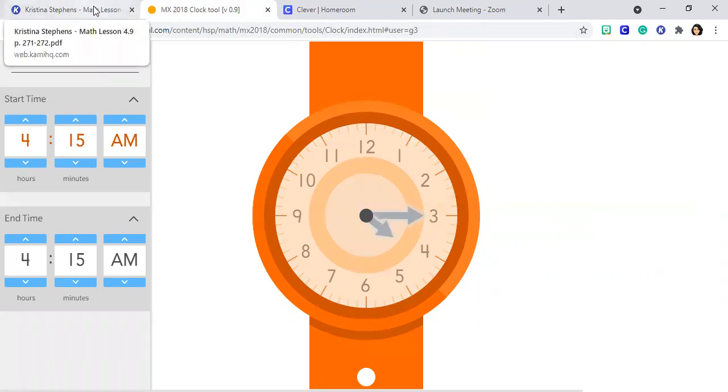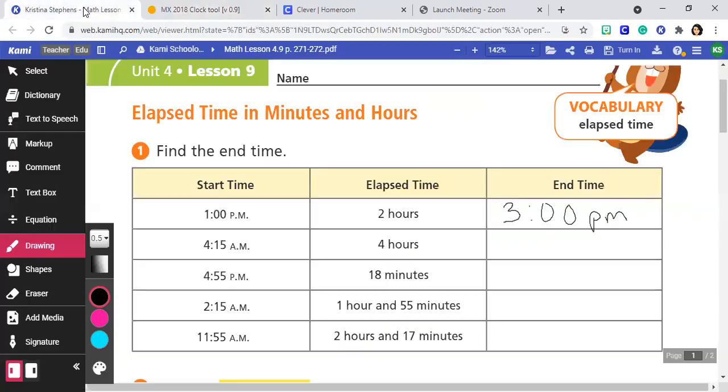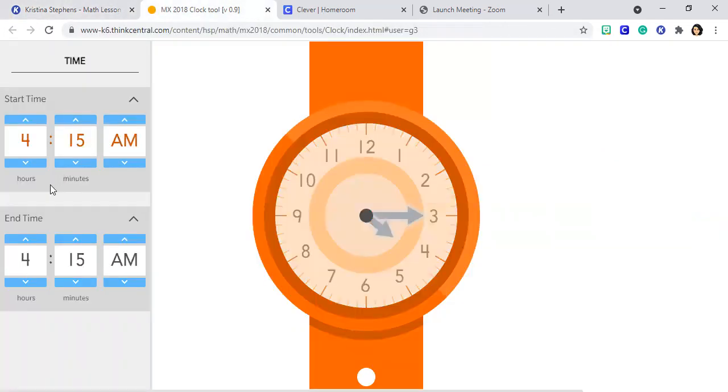Now, looking back at the elapsed time, it told me 4 hours went by. 4 hours. We're not talking about minutes yet. We're talking about hours. So I am going to change my end time and increase it by 4. So 4:15 to 5:15, 6:15, 7:15, 8:15.